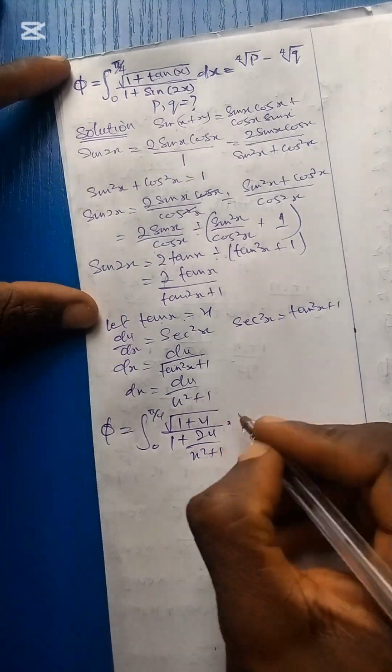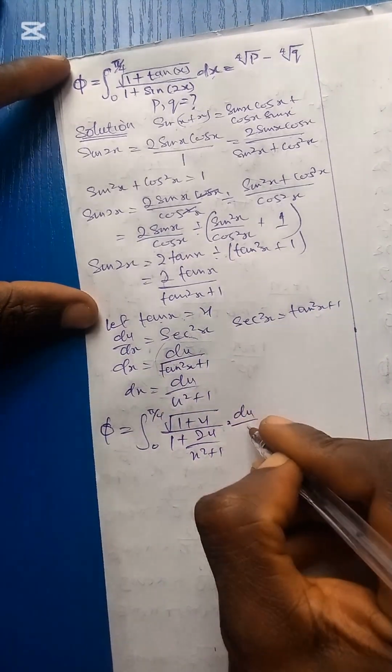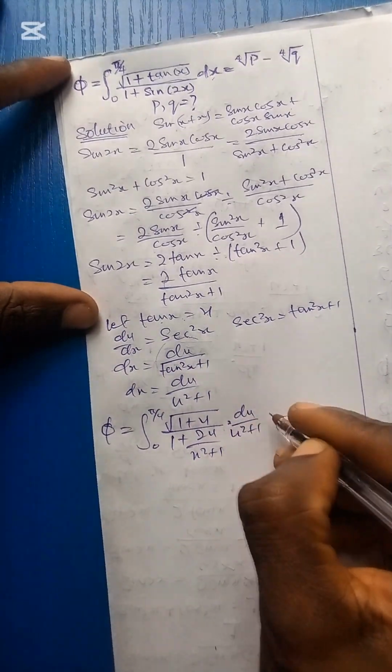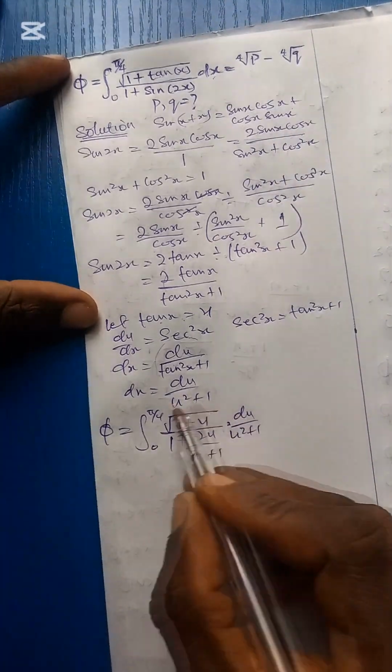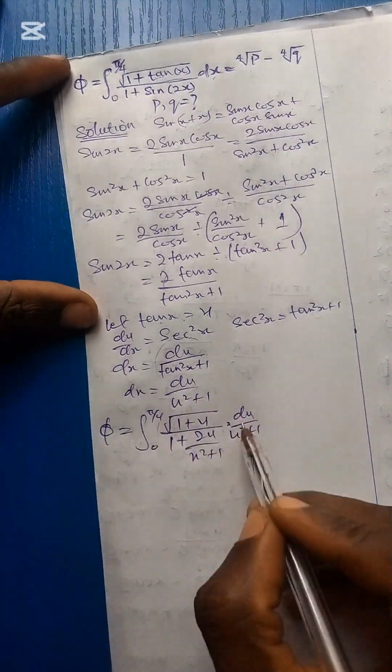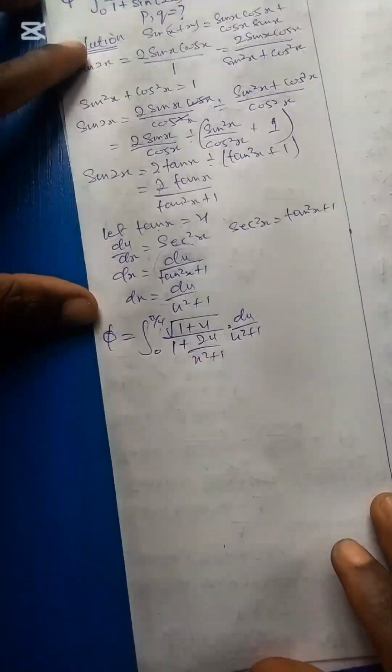Very good. Times dx is this, that is du over u squared plus 1. Now I'm going to leave off these parts until I evaluate this integrand, then I'll equate it to the right hand side.